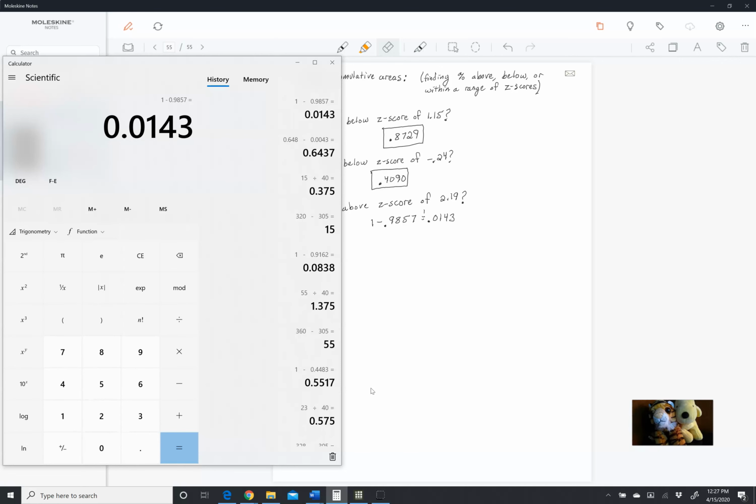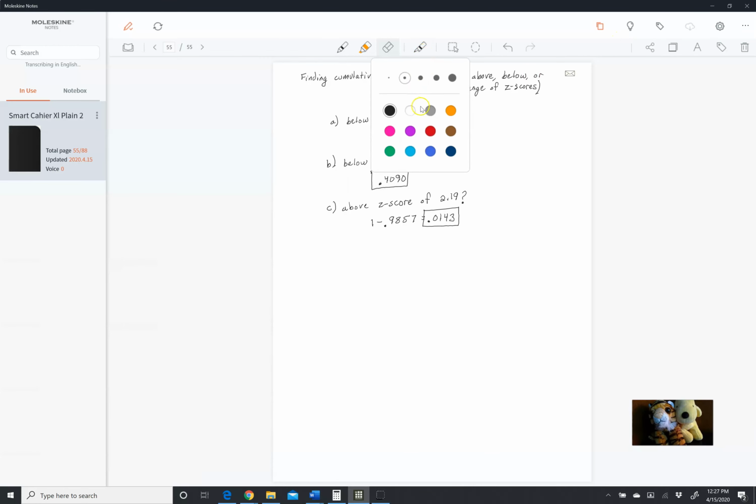And notice it's a very small percentage that falls more than 2 standard deviations above the mean. Very small percentage. So we subtract from 1 because we want the area above.